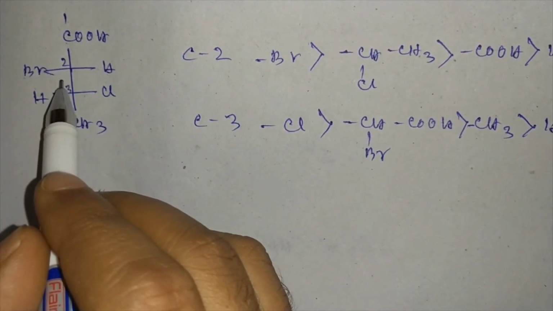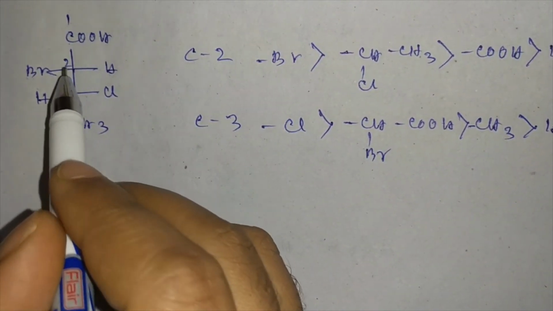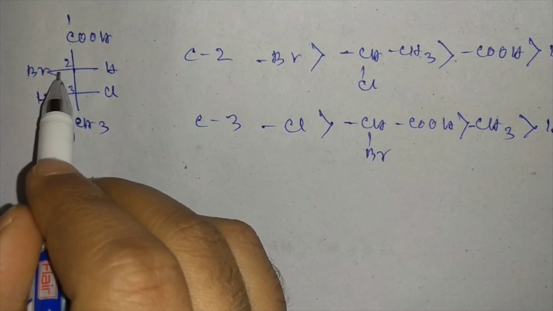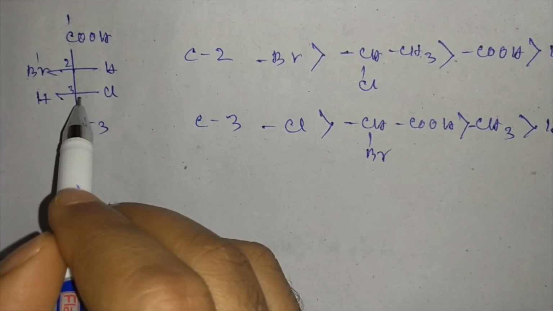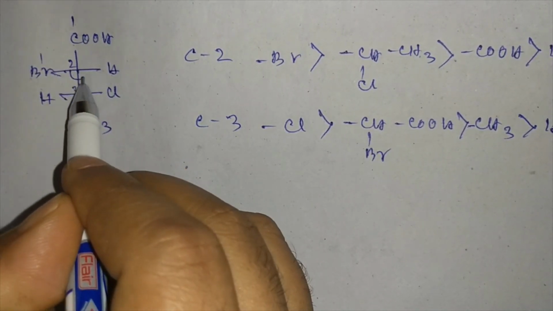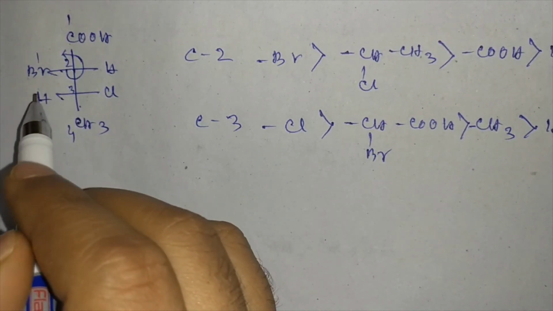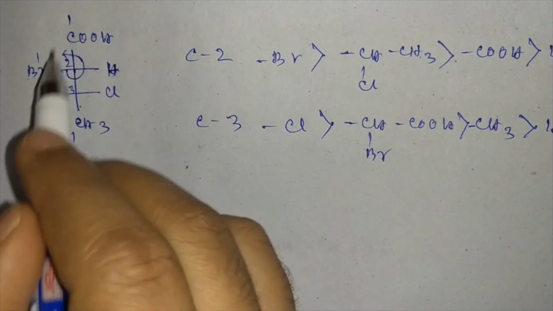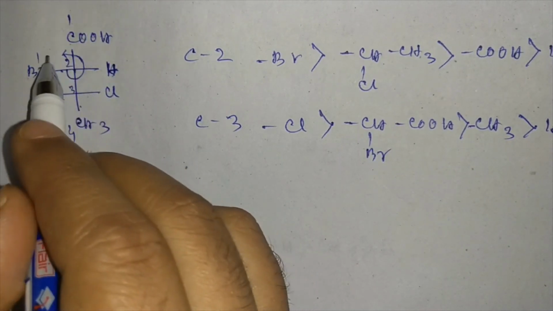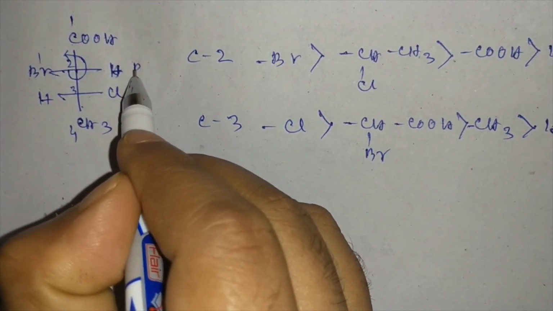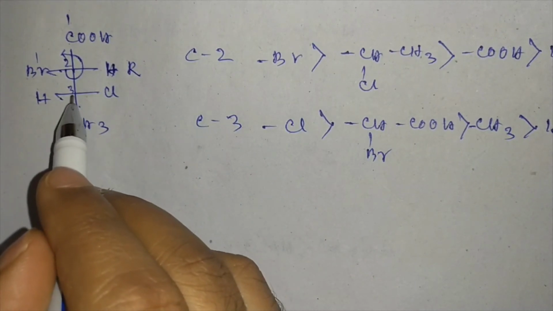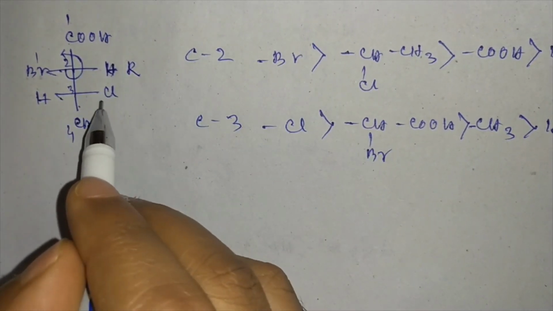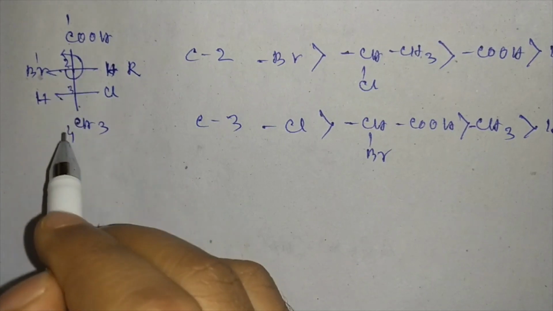So in case of C2, this is 1, this is 2, and this is 3. So we have to rotate in anti-clockwise direction, but the hydrogen is placed in horizontal position in Fischer projection. So for anti-clockwise, it will be R. While in case of C3, this is 1, this is 2, this is 3.